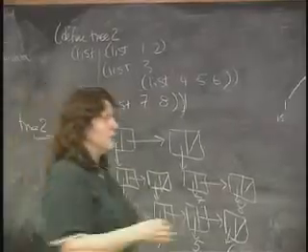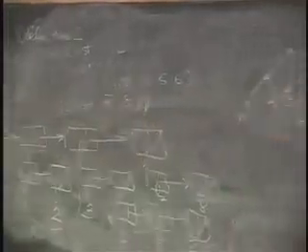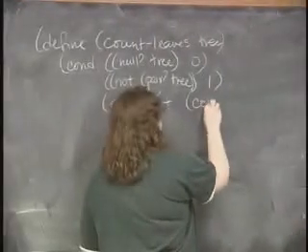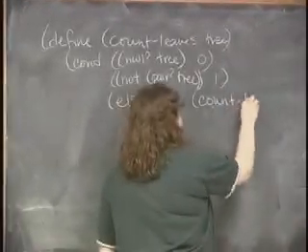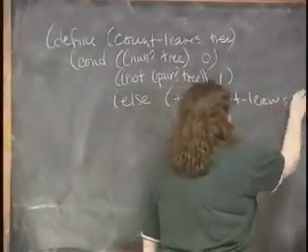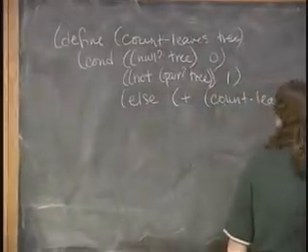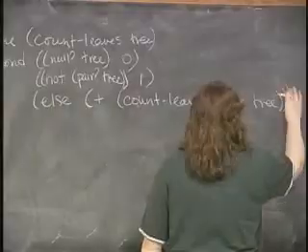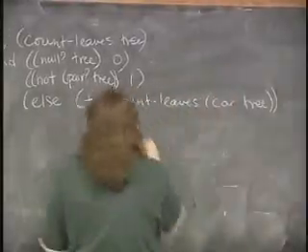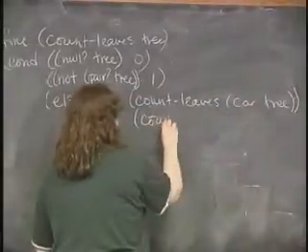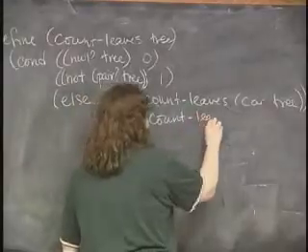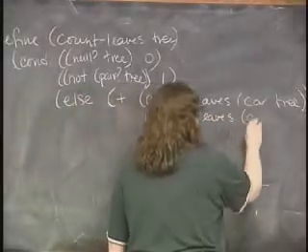So we need to call it both on the car and the cdr. So we'll count leaves on the car of the tree: 1, 2. And then count the leaves on the cdr.